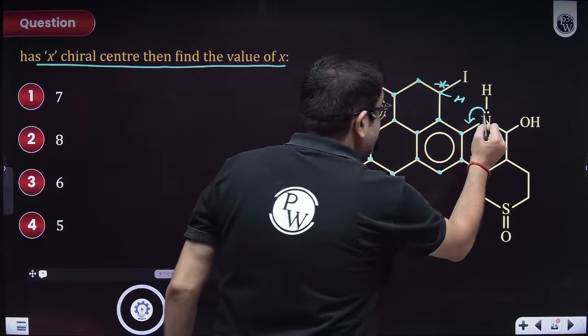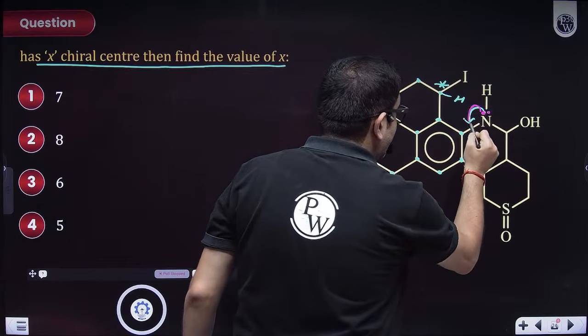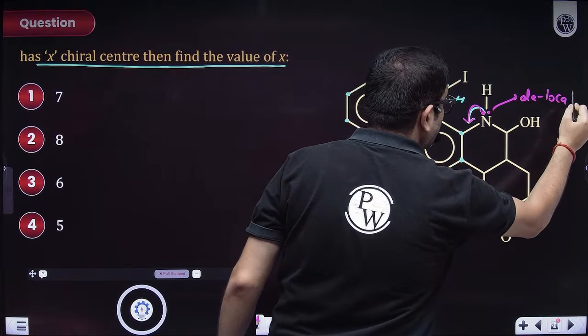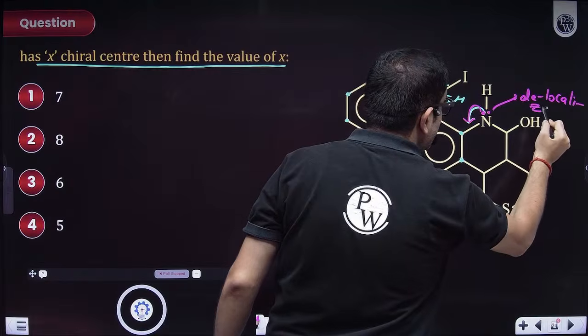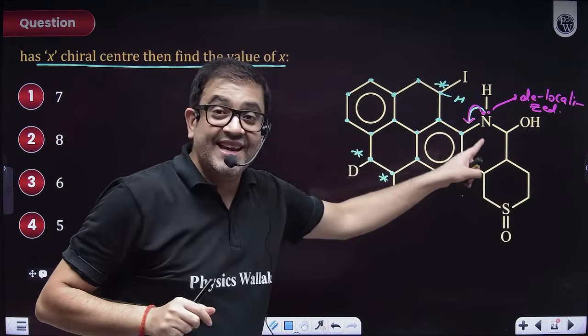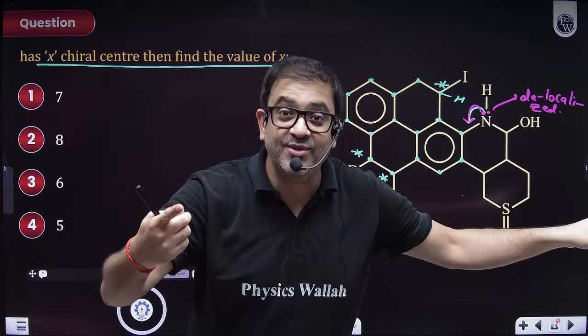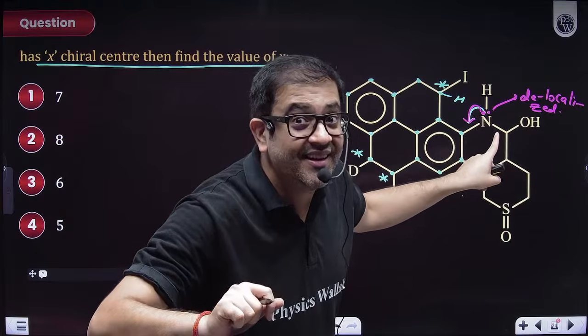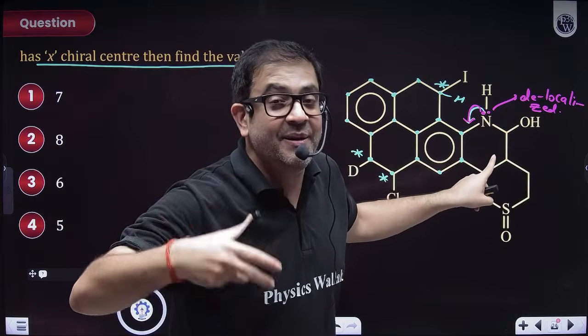These lone pairs will be delocalized due to resonance. So this nitrogen will become a double bonded nitrogen with a plus, so it will be trigonal planar. It may acquire a trigonal planar arrangement also.